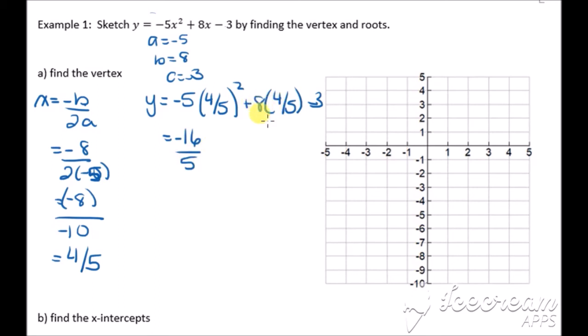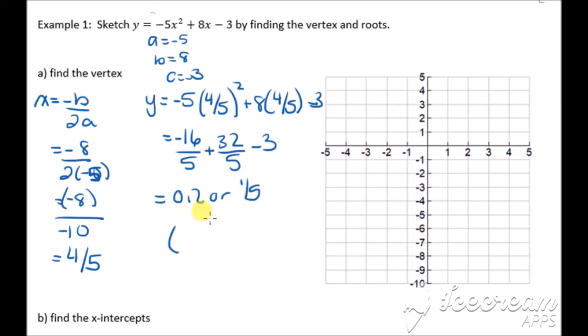Eight times 4 over 5, I get 32 over 5. And then negative 3. So I get decimal 0.2 or 1 over 5.